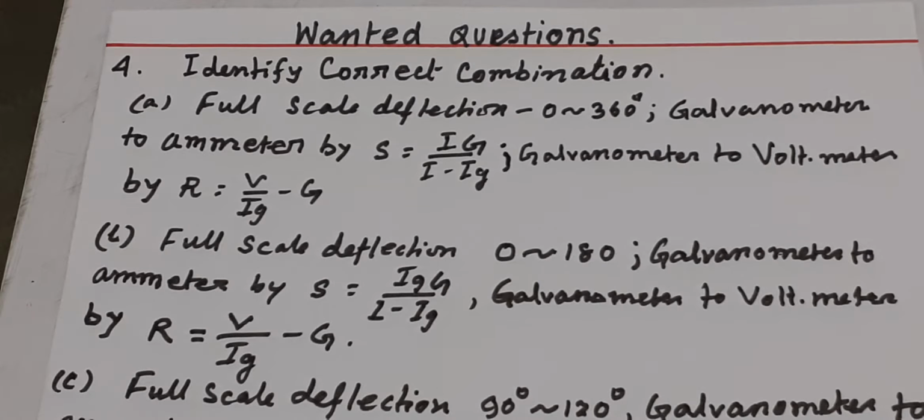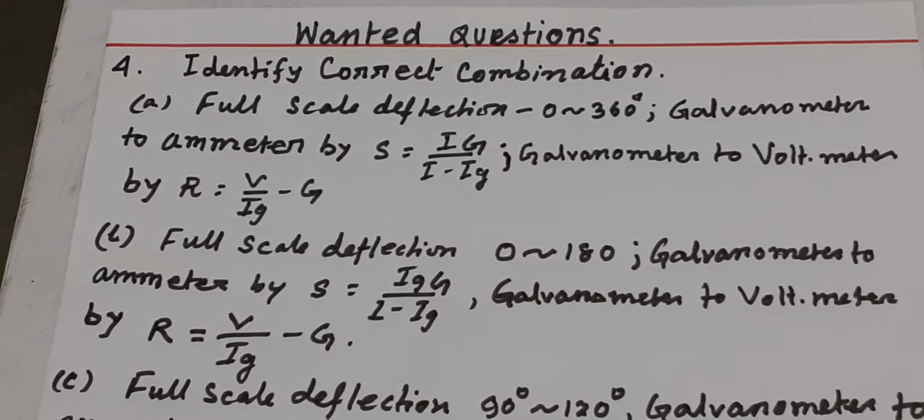Now full scale deflection 0 to 360 for A, and here S for ammeter shunt resistance is I_g into galvanometer resistance G divided by I minus I_g. When it is converted to a voltmeter, the modified resistance in series, that is R, will be V divided by I_g minus G.